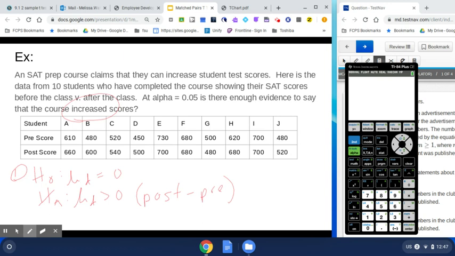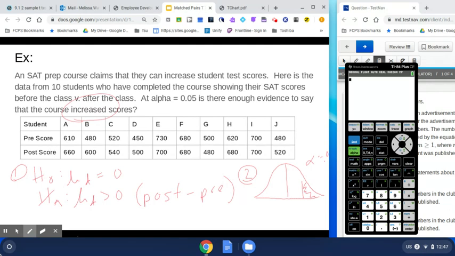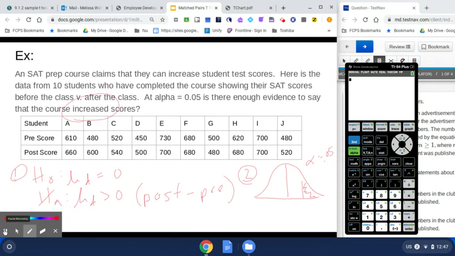Okay, step number 2, I need to find the critical value. So if we're testing a greater than scenario, which I have written on here, I would shade the right tail. We're using an alpha value of 0.05. This is a one-tailed test.